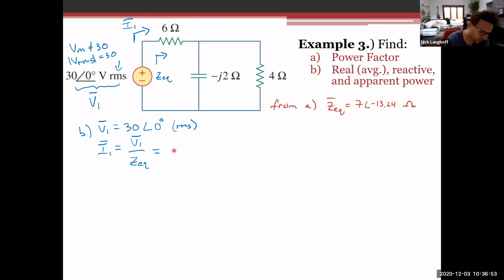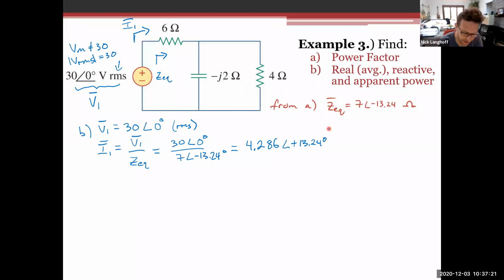So it's 30 at a phase angle of 0 over 7 at a phase angle of minus 13.24 degrees. 30 over 7 is a little more than 4, right? 28 over 7 is 4. And so this ends up being 4.286 at a phase angle of positive 13.24 degrees in amps. And again, that's RMS.